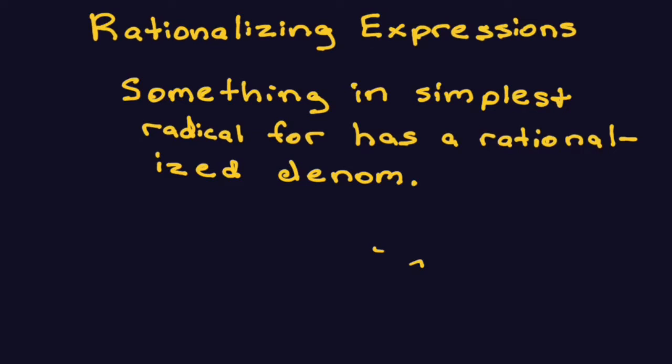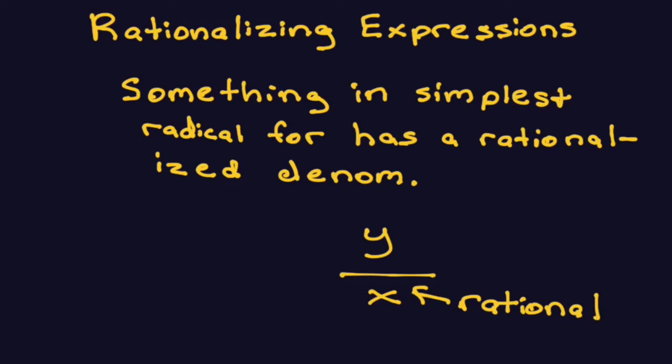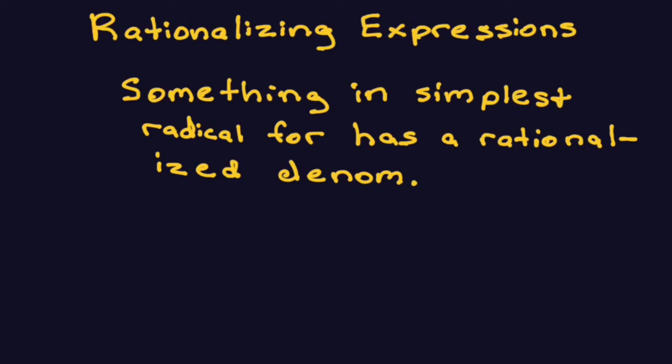So anything you see that has a rational denominator, so let's say you had y over x. If x is rational, then this fraction is going to be rational. So just remember that anything that's rationalized or in simplest radical form has a rationalized denominator.